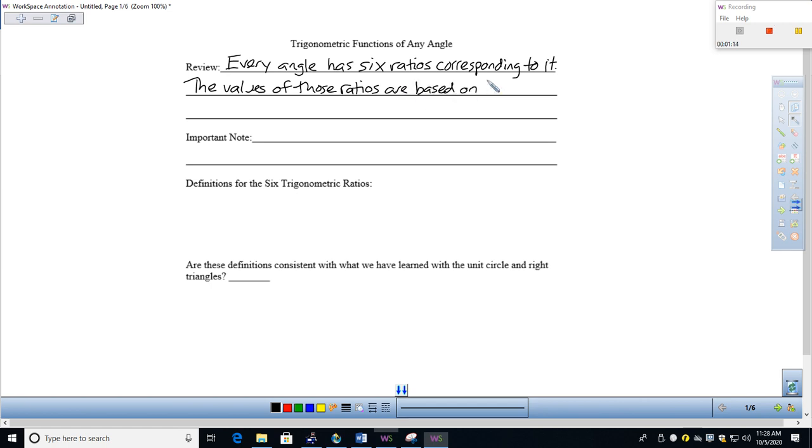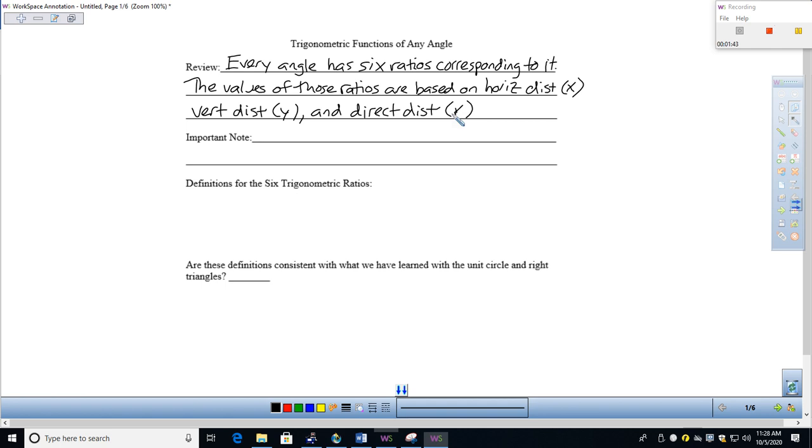They're based on what I would consider the horizontal distance, and on the coordinate plane, that would obviously be x. The vertical distance, and on the coordinate plane, that would represent y, and the direct distance, which would be the radius, so r, as the point moves in circular motion.